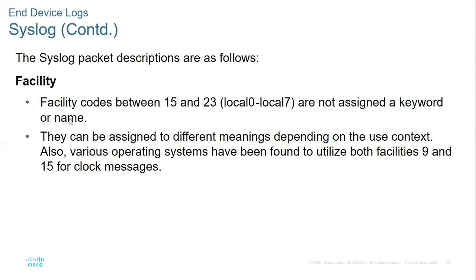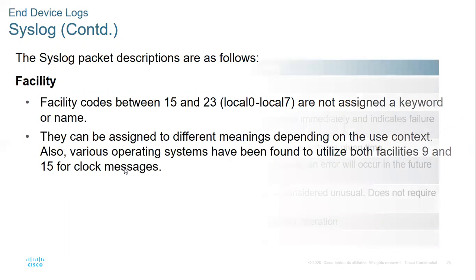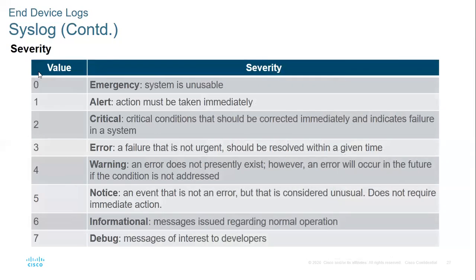So also the facilities do have the codes that are used from 15 up to 25. So you can see facilities from 9 up to 15. This deals with the clock messages. So this is severity.